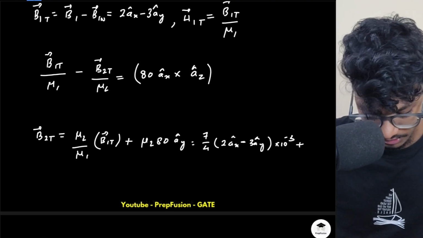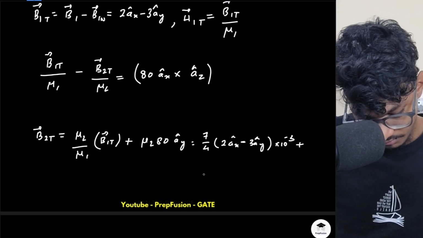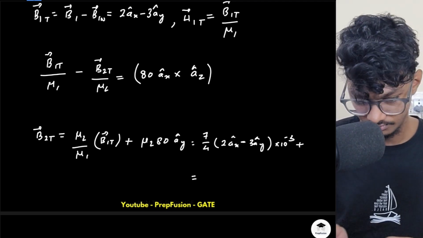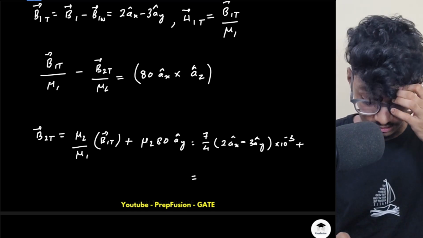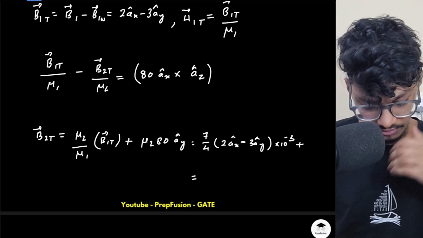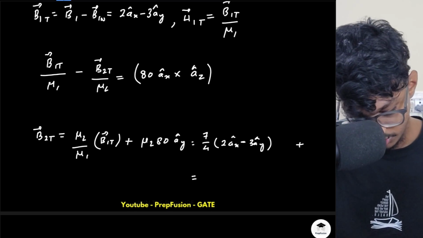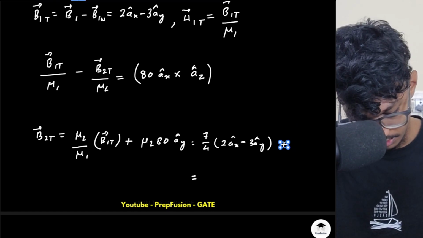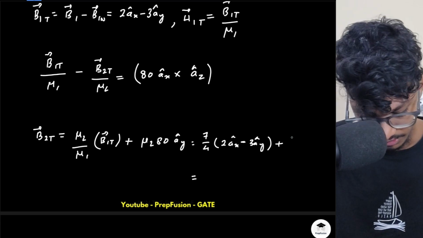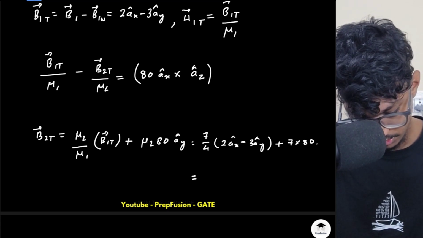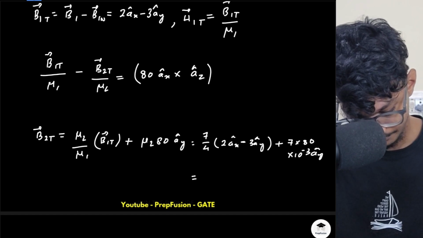This actually becomes quite small. I'll just quickly calculate this. If I convert everything into millitesla only, one of the 10 raised to power minus 3 will go away. So this one will become 7 into 80 into 10 raised to power minus 3 AY cap.